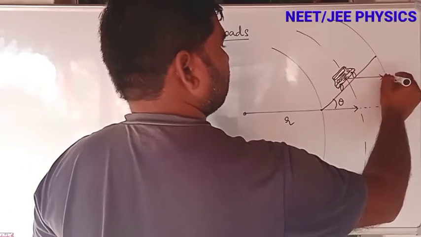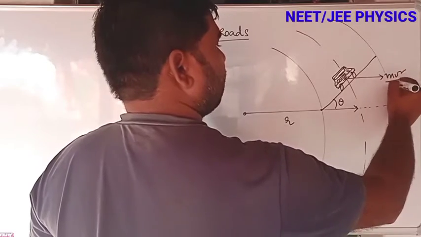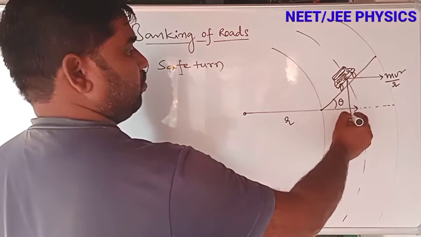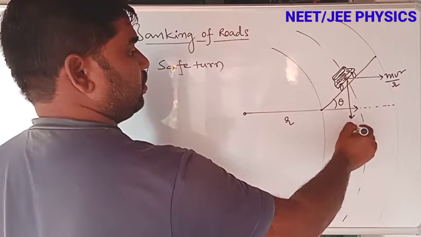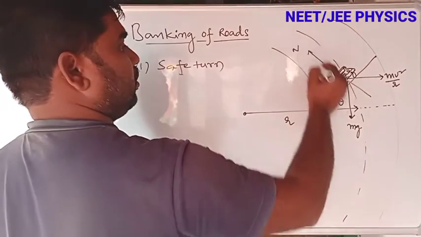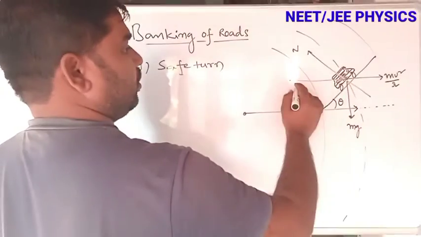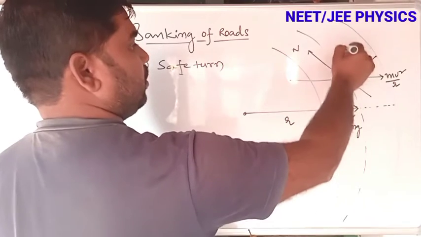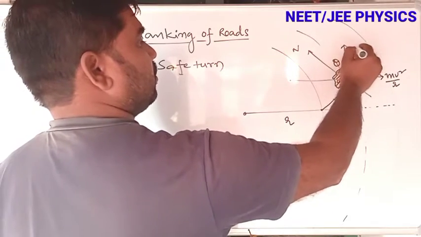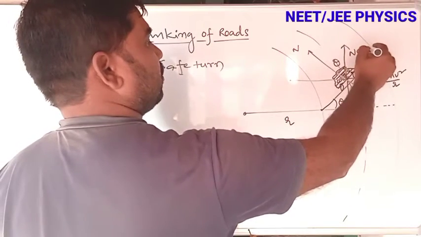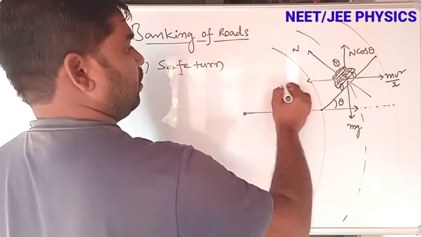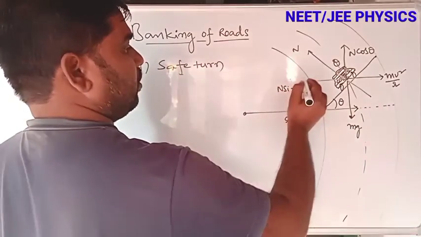In the safe turn, the centripetal force, the outward force, is mv square by r, and the weight of the car is mg, acting downward, and the normal acts normal to this inclined surface. I am going to resolve the normal into two components: n cos theta and n sin theta.